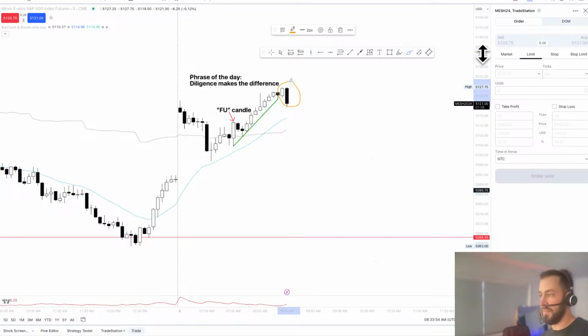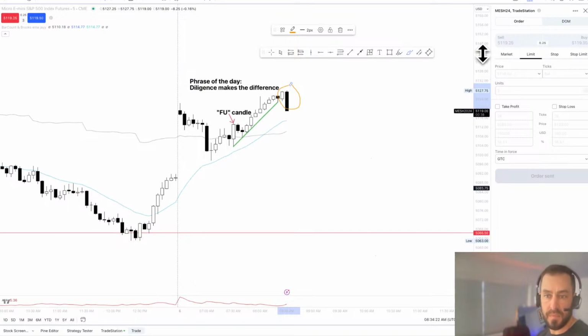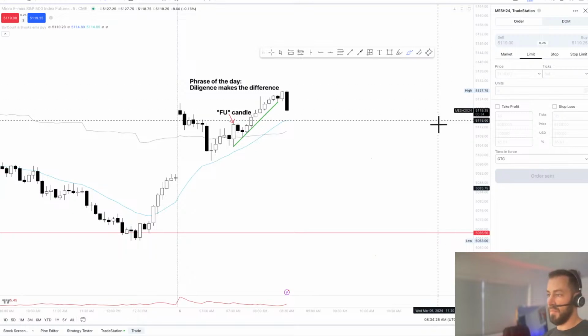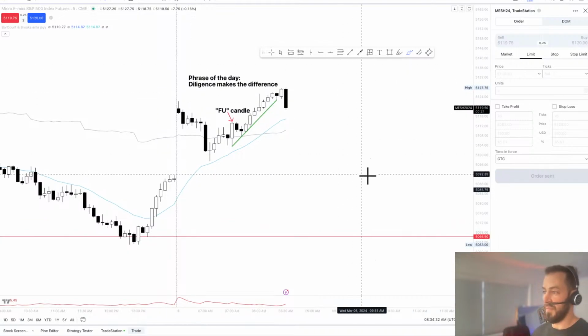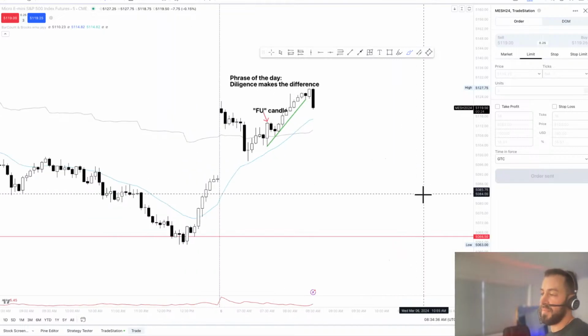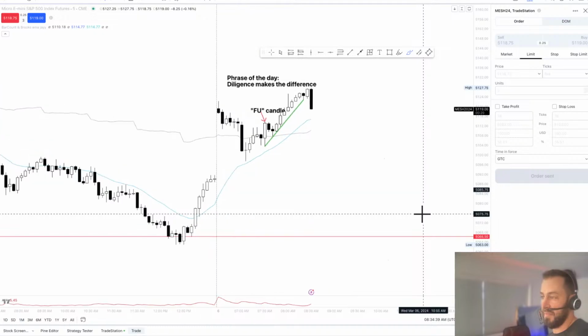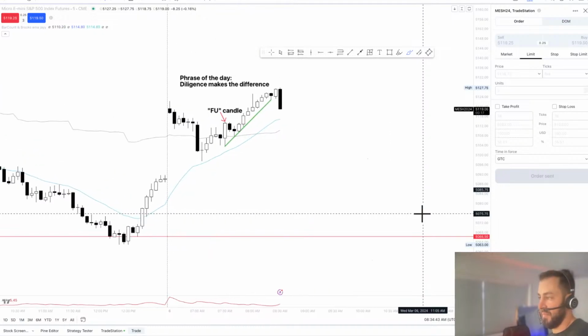This will be an important candle to pay attention to. 16 seconds on the candle.